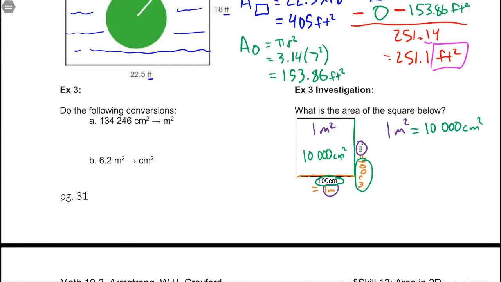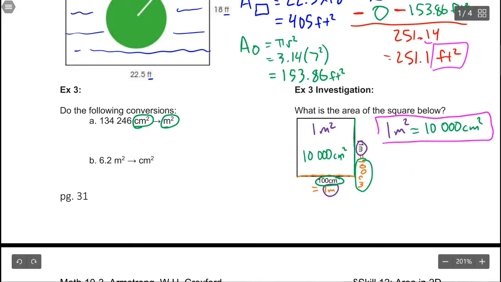Which means that if we want to convert from square centimeters to square meters, we can actually set up and solve a proportion because we have a rate to convert between the two. So we can set up our 10,000 centimeters squared per 1 meter squared equals, now we have square centimeters, so we're going to put square centimeters up top with our number 134,246.